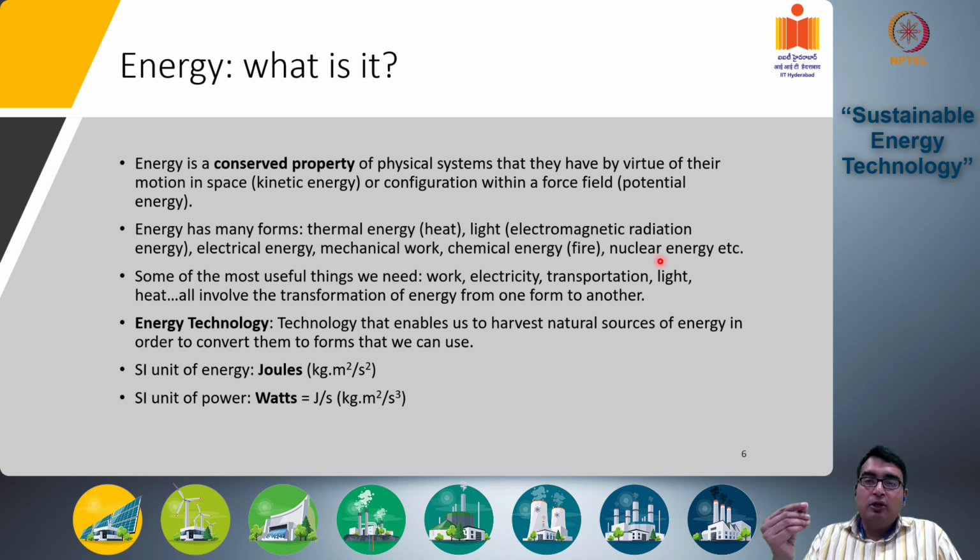So the useful technology, generation of light at will, even when natural lights are absent, is happening because one type of energy, electrical energy, is getting transformed into light energy, which you are using for your day-to-day work.